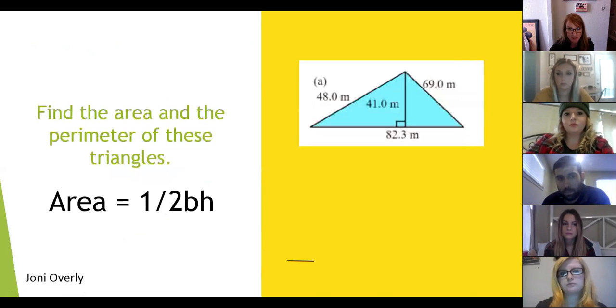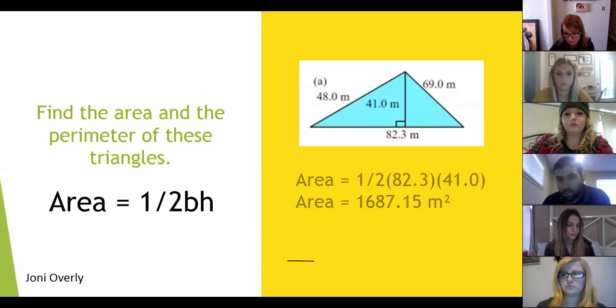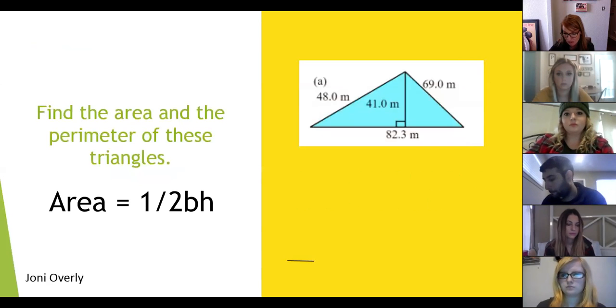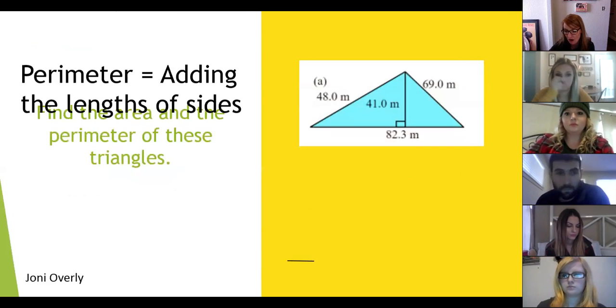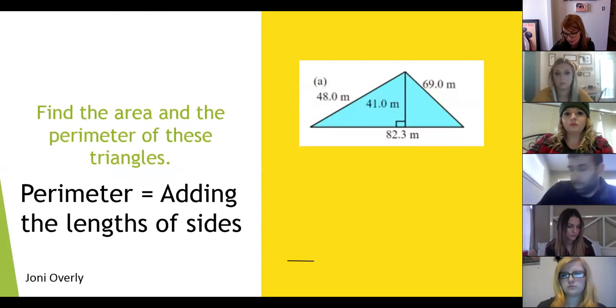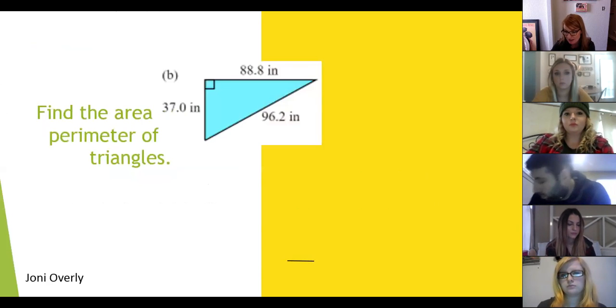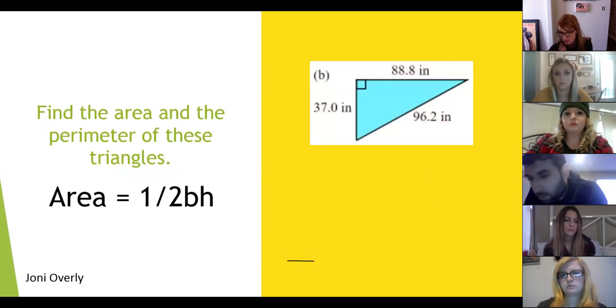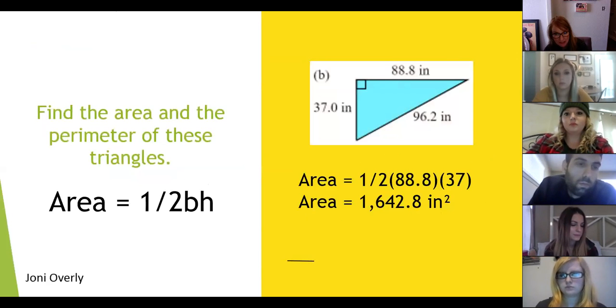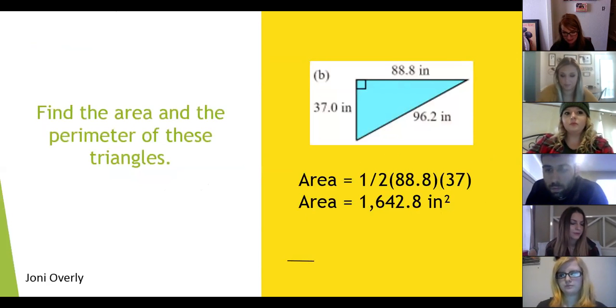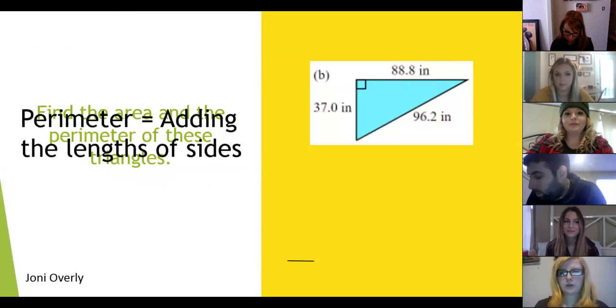So in this problem, you are going to plug in your numbers, your 88.8 and your 37, and multiply all those together. Your 1/2 times 88.8 times 37 equals 1,642.8 inches squared. And that's it. Well, thank you. I understand now.